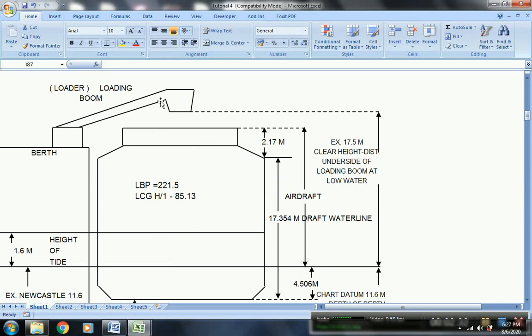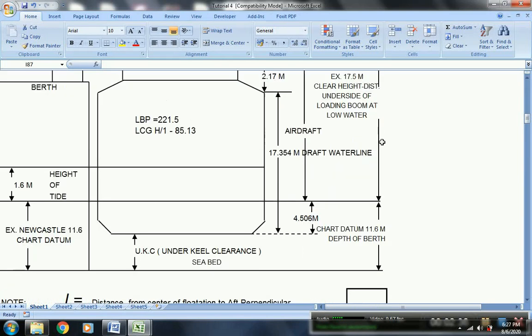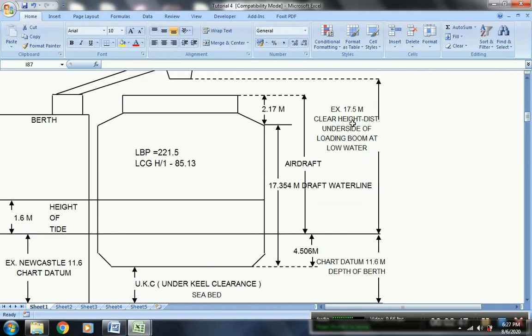This is the loading boom. From the loading boom down to the low water side or water level, this is what we call the clear height. This is the distance on the side of the loading boom at low water.